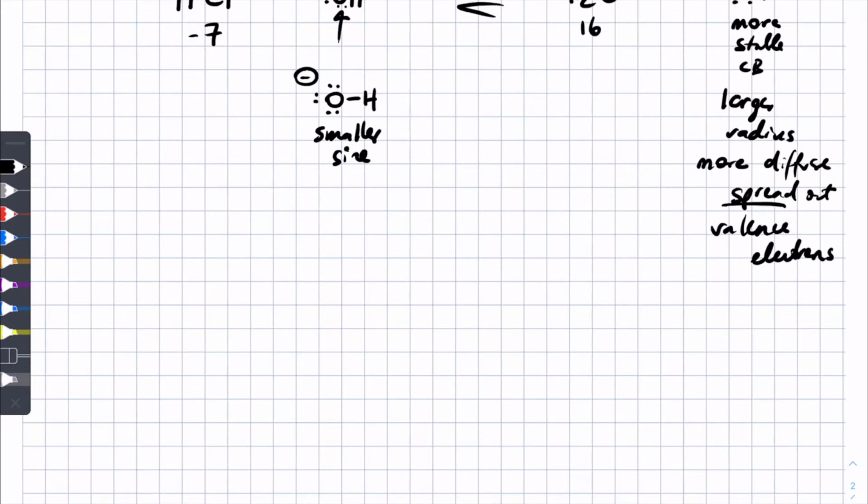And pay attention to that spread out, we're going to see that electrons that are spread out have lower kinetic energy than those that are localized, and that can make them more stable.